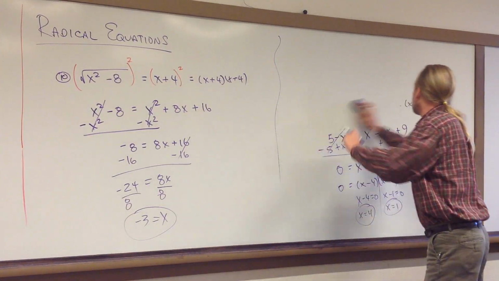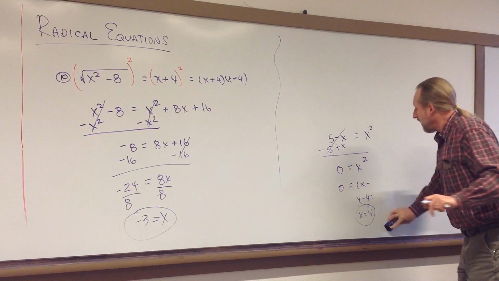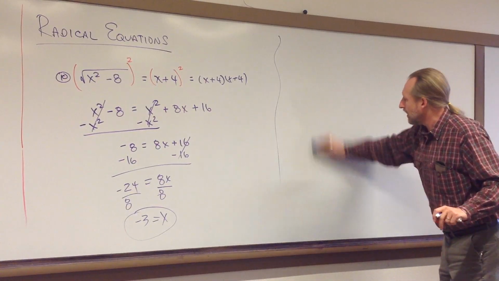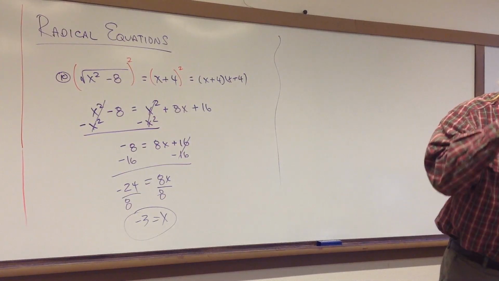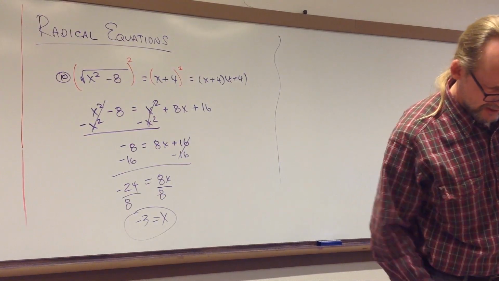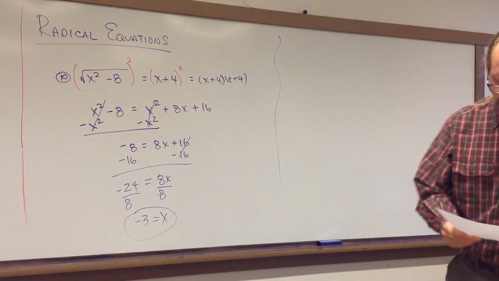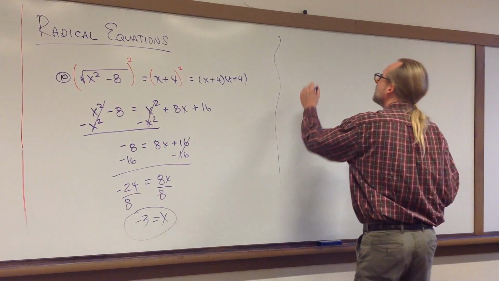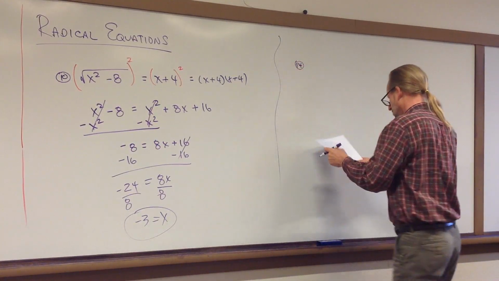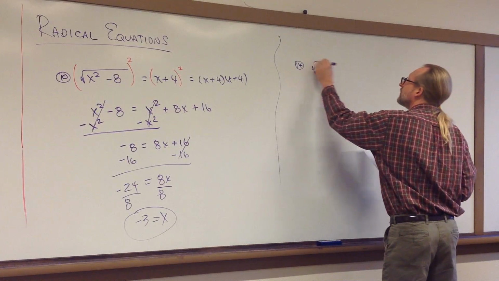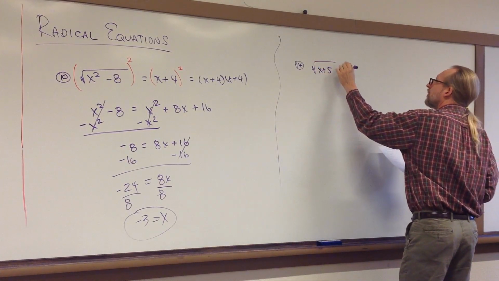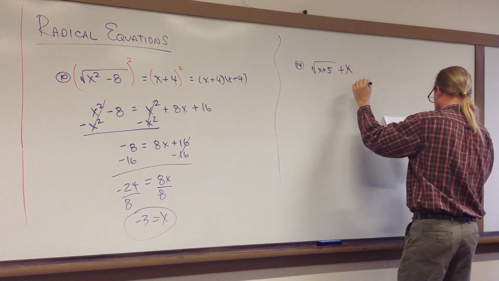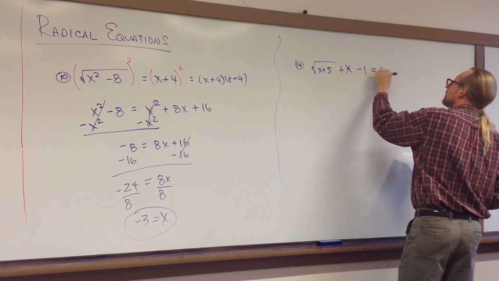Now let's look at one more problem. And then I'll talk about something that comes up in solving these problems that I haven't talked about yet. So let's look at problem 14 here. Square root x plus 5 equals 0.